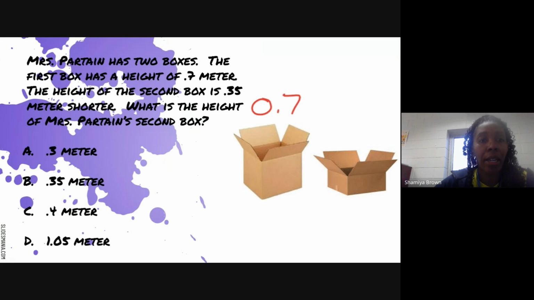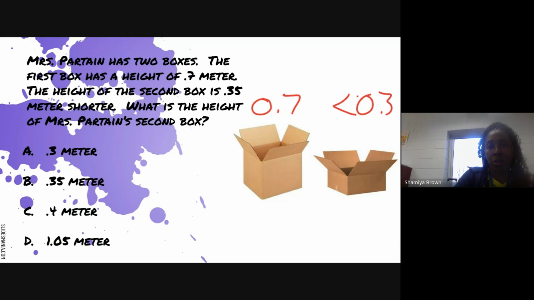Then it says the height of the second box is 35 hundredths meters shorter. And it's saying that it's shorter than the other box. So it says, what is the height of Ms. Partain's second box? So this one is shorter than this one.